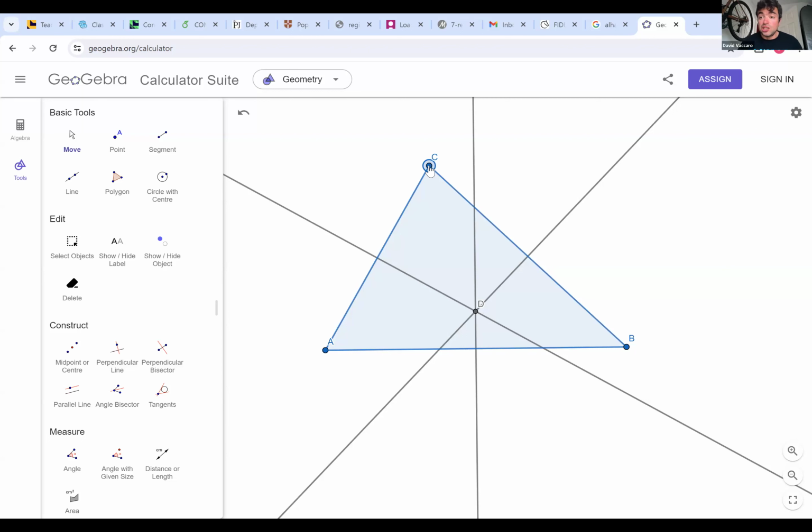But what we're going to return to is the question of why do those three lines always meet at a point? So why do the three perpendicular bisectors always meet at a point? In order to do that, I'm going to need to stop this share and go back to my OneNote.